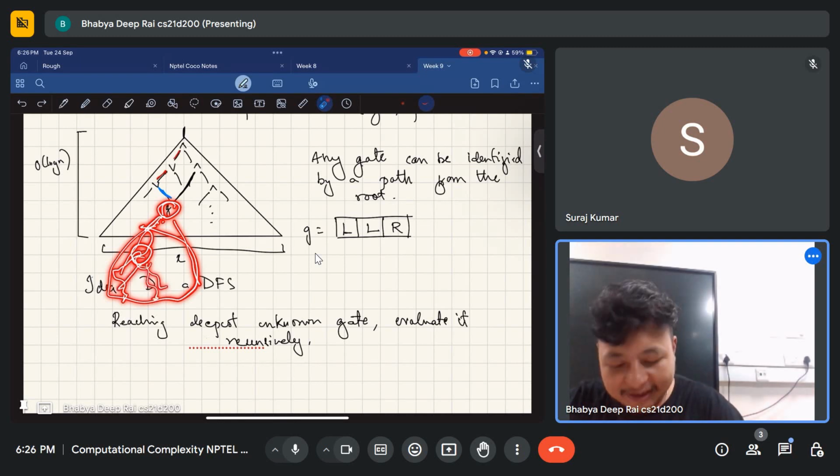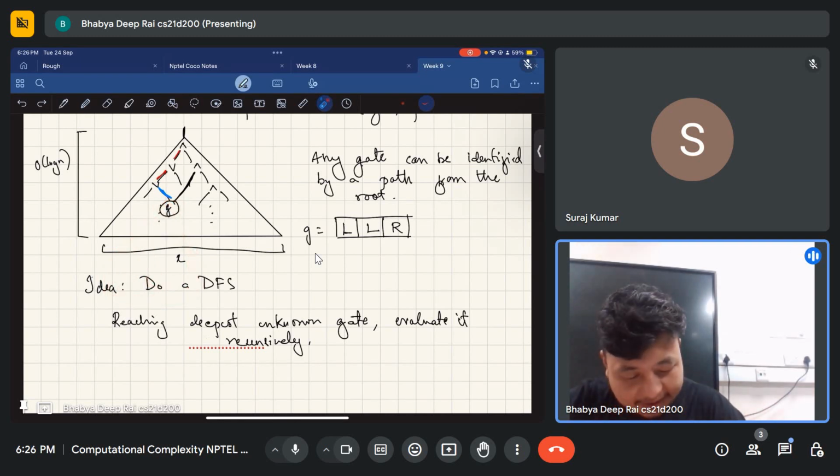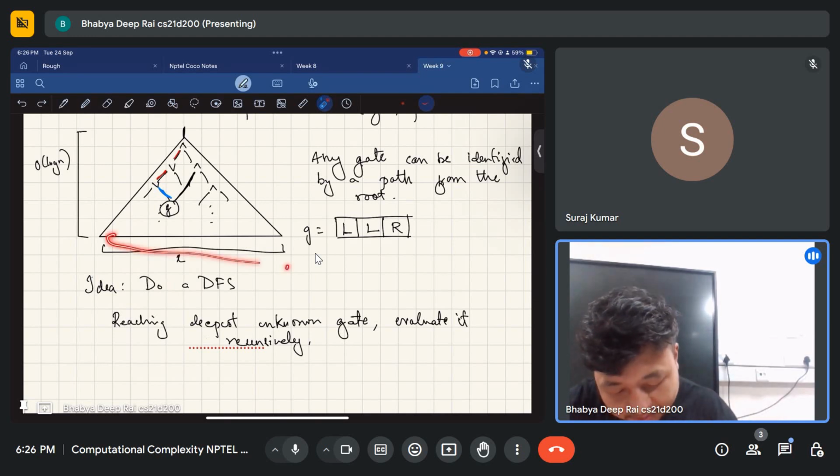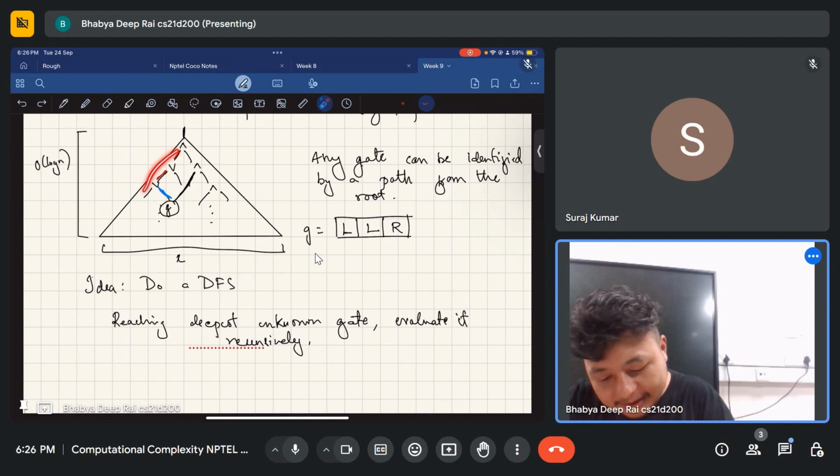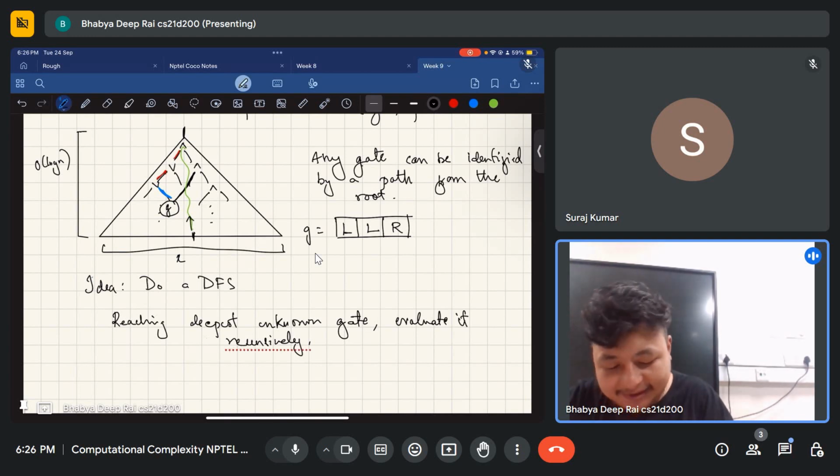And then as I reach the bottommost layer, for some path I'll end up with a leaf, and this leaf will set the gate.